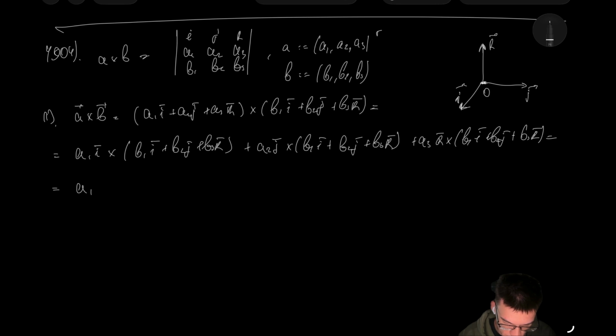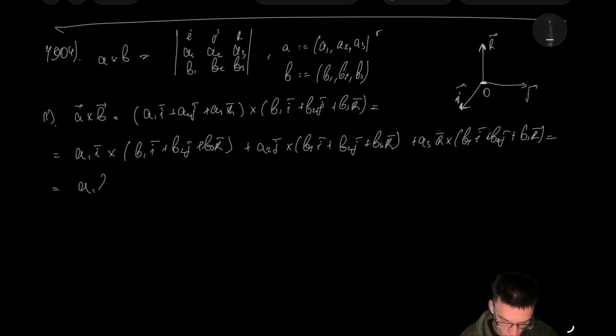So this is going to be a1. There is the associative property of scalar multiplication here, so we can factor this out, and then we have i cross i, which gives us 0, as we know, because the angle between them is 0 degrees, so it annihilates. We can remove that.